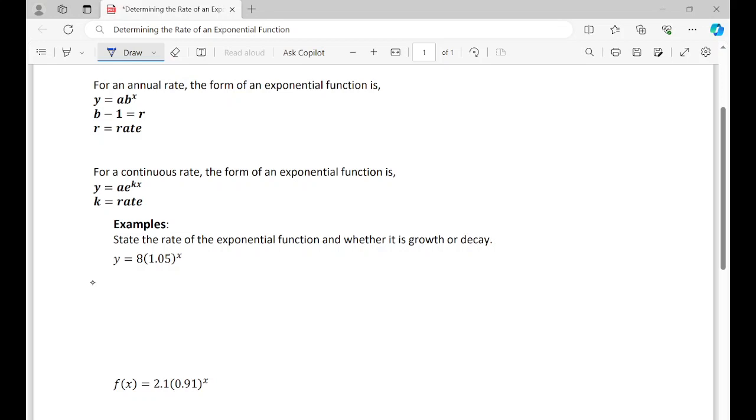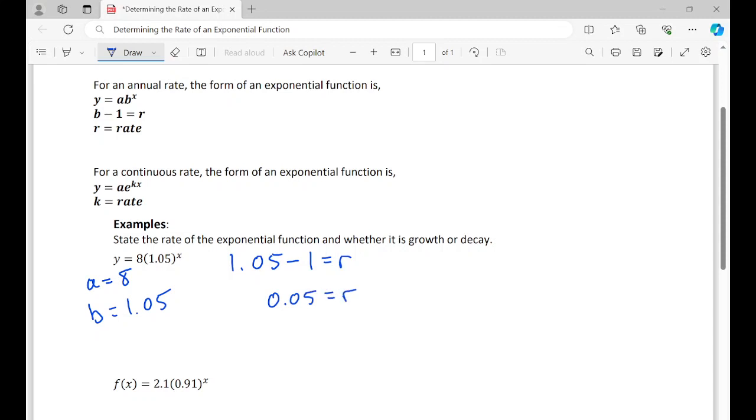We see that a is 8, because it's the number in the front, and b is equal to 1.05. Now we need to find r, and r is just going to be b, 1.05, minus 1, which will give us r.